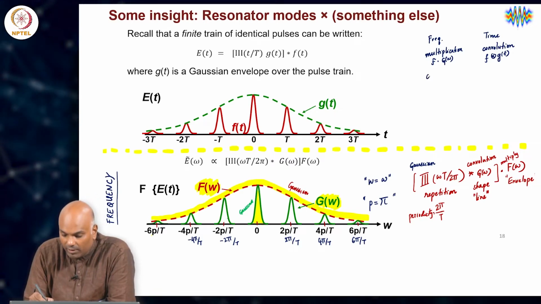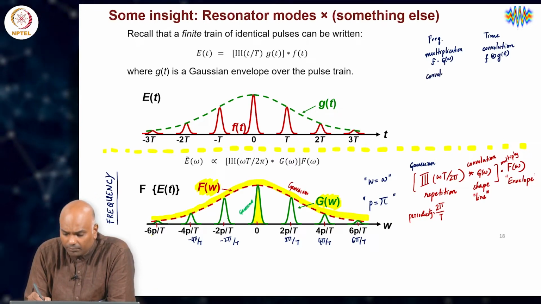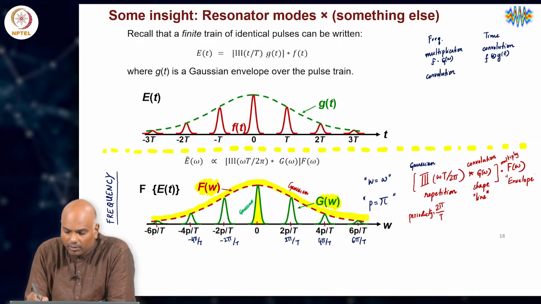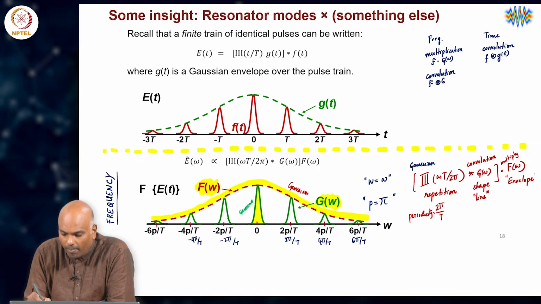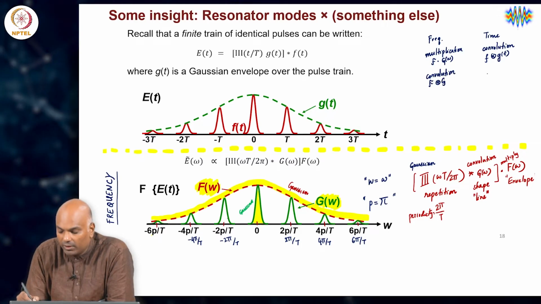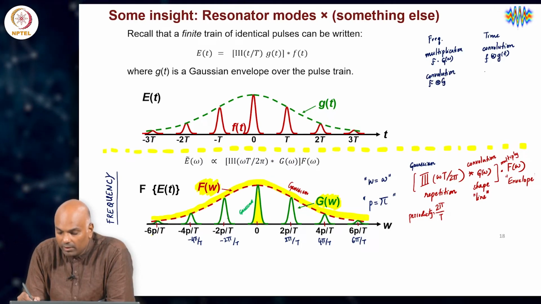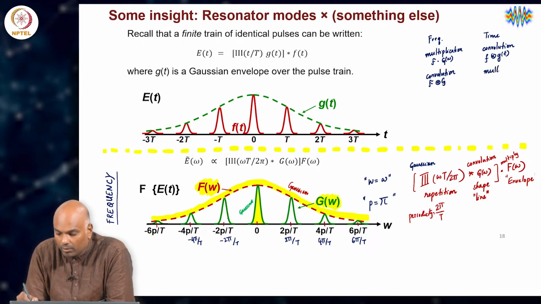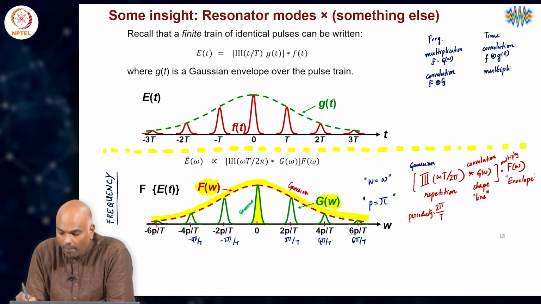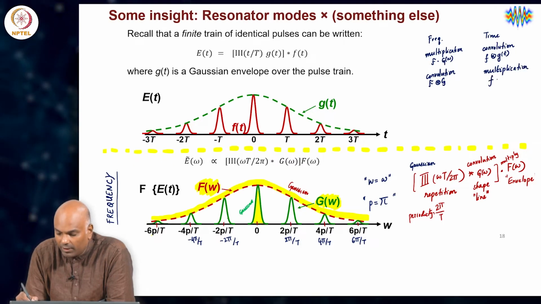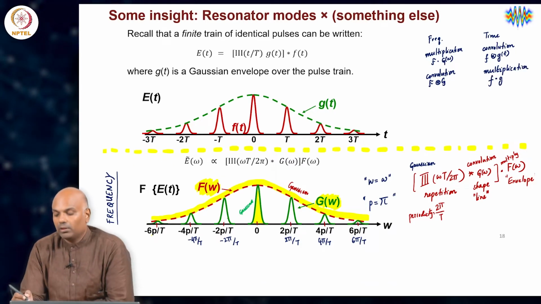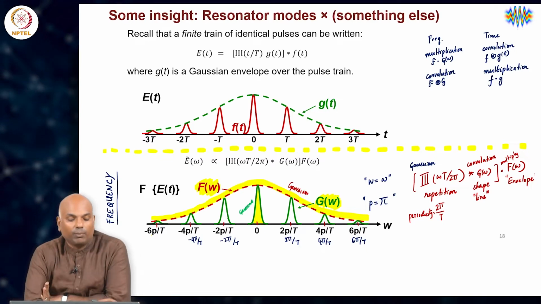Likewise, vice versa, a convolution between the two functions in the frequency domain is equivalent to a simple multiplication of functions in the time domain, right.